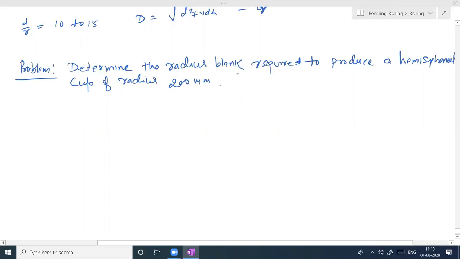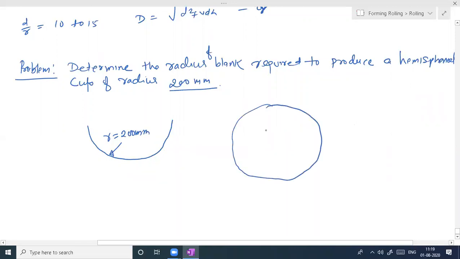So determine the radius of blank required to produce a hemispherical cup of radius 200 mm. This is your hemispherical cup, and that radius is r, that is 200 mm. And for that you have to find the diameter of the blank. What is it equal to?